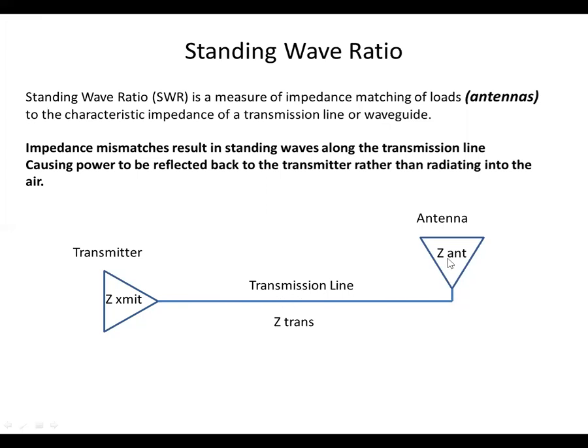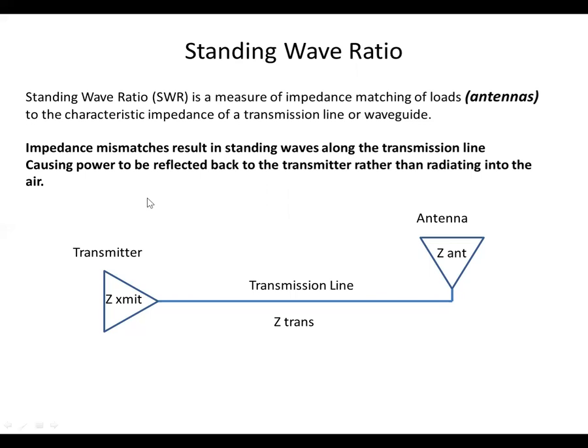And then the antenna's impedance will vary because it does have reactive components. It's an inductive and capacitive device. You can have varying impedance as a function of frequency. So that is part of the variability that gets into all that.